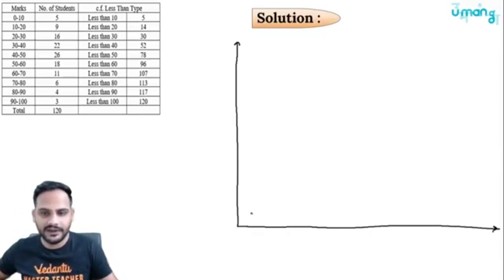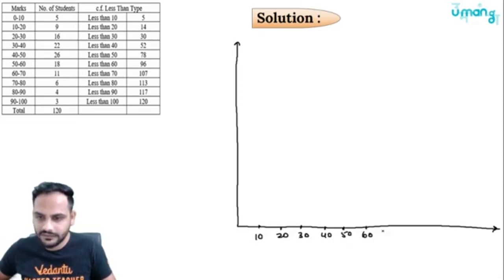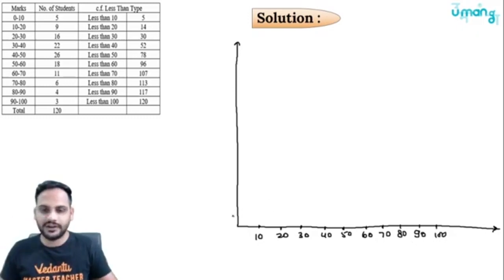So we have to go from 10 to 100. So 10, 20, 30, 40, 50, 60, 70, 80, 90 and 100. This is a rough diagram, but I'll just tell you what happens here. And here also we have to go, cumulative frequency is going up to 120.